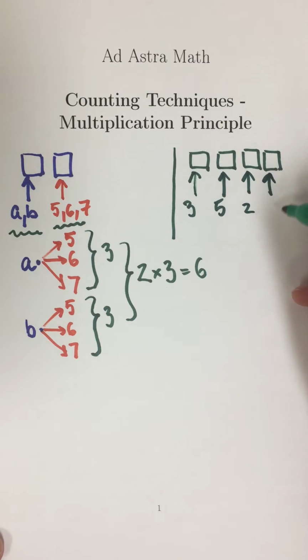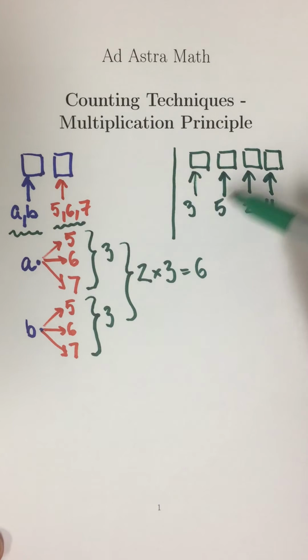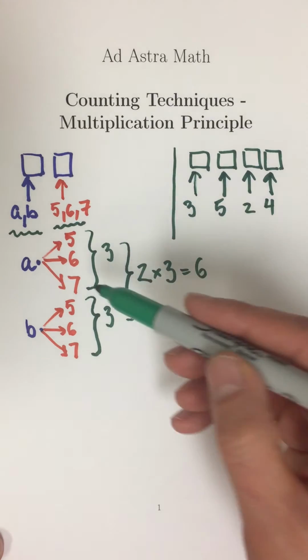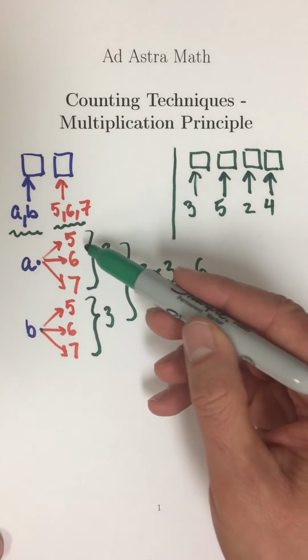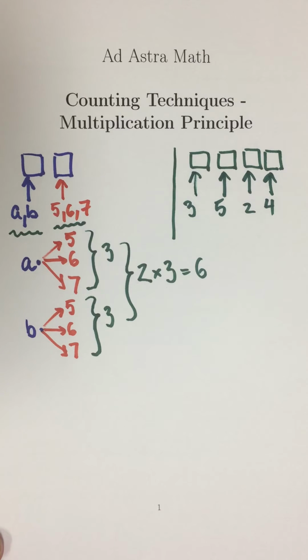Maybe here you have 4 options. It depends. You can play with all these numbers. It's just that if you happen to choose too many options for one of these characters, you will end up with a very big tree here. So it's going to be fairly hard to represent visually fully.